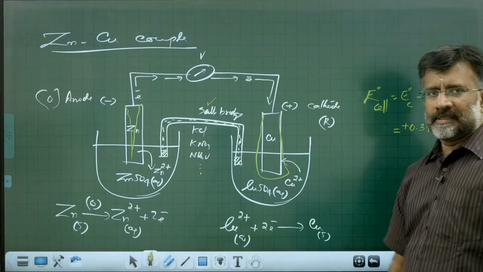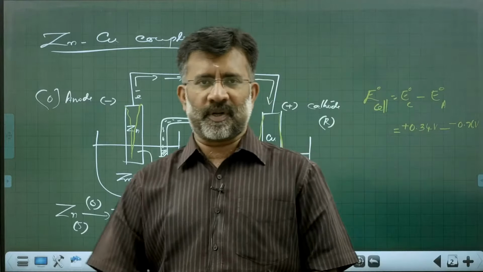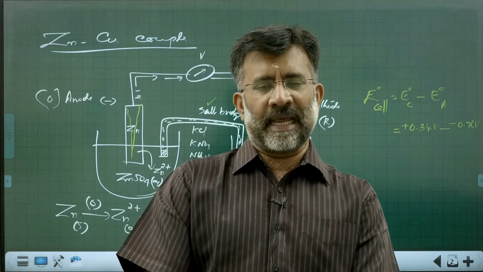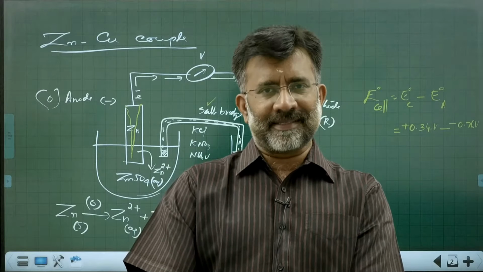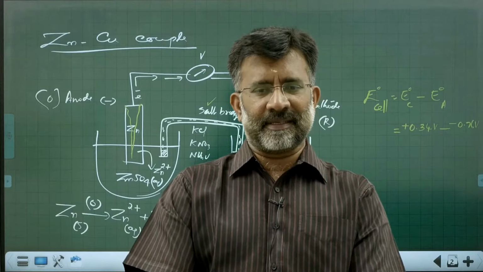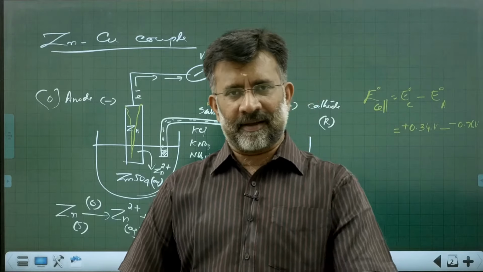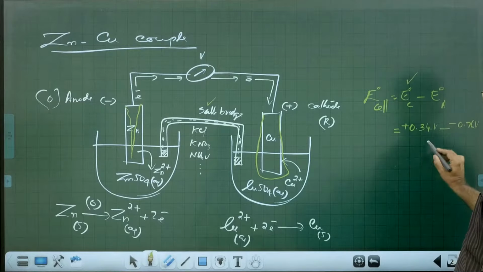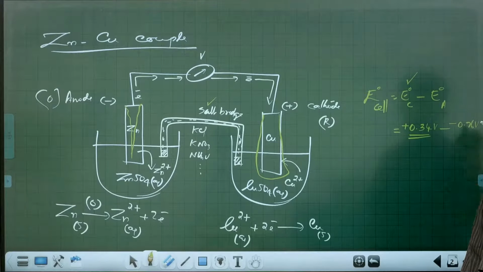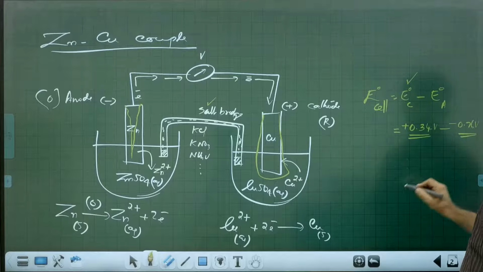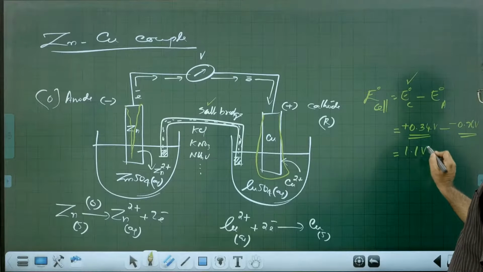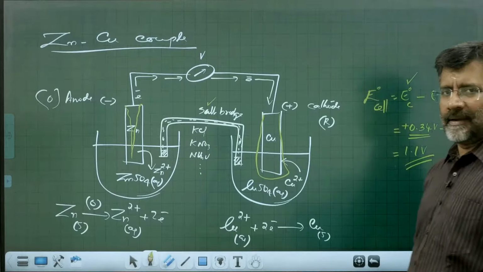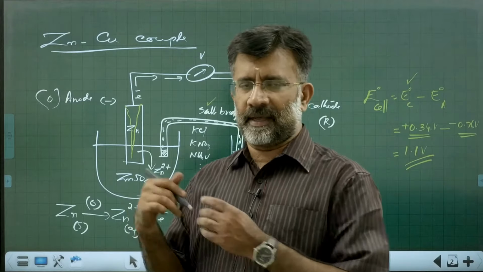These are the standard reduction potentials tabulated in the electrochemical series, whose applications we will discuss in detail after some time. So 0.34 minus (minus 0.76), you will get 1.1 volt.